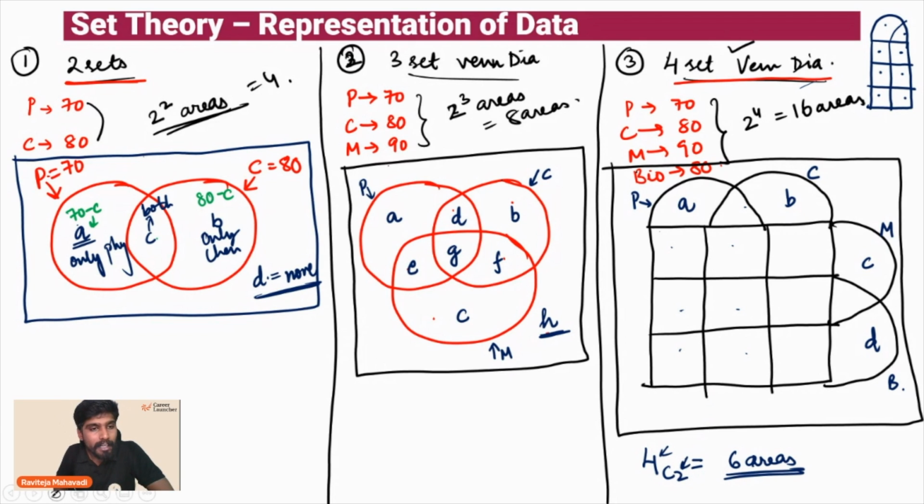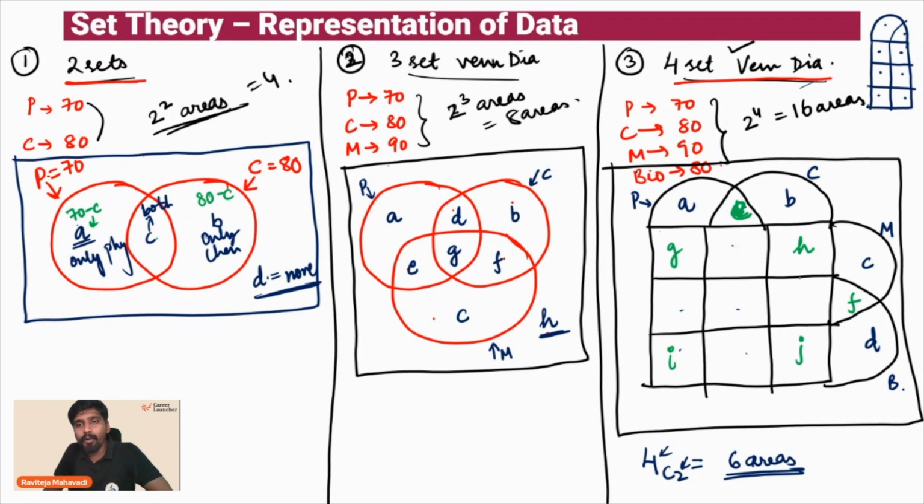Those 6 areas, I'll start naming from E to J. So this is E, this is F. This area is a part of only physics and math, G. This is only chemistry and math, H. This is only physics and bio, I, and this is only bio and chemistry, J. So E, F, G, H, I, J. These are the 6 areas that represent an overlap of exactly 2.